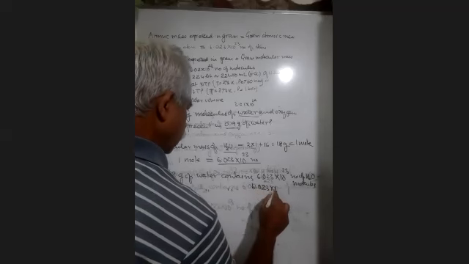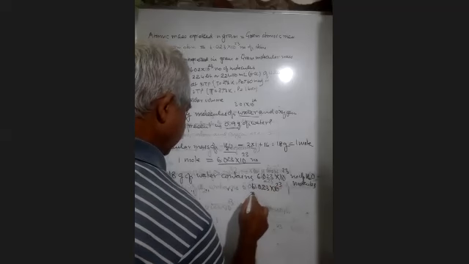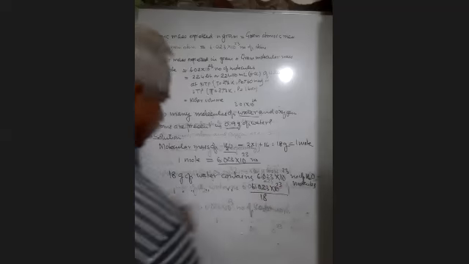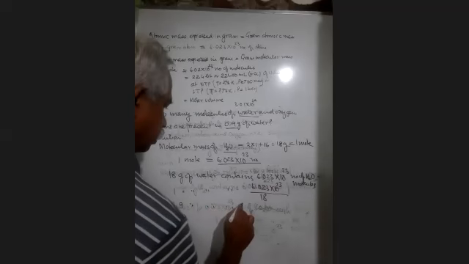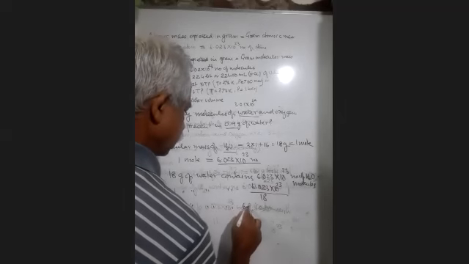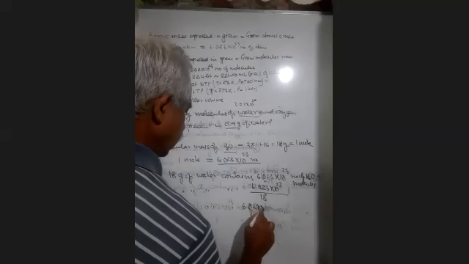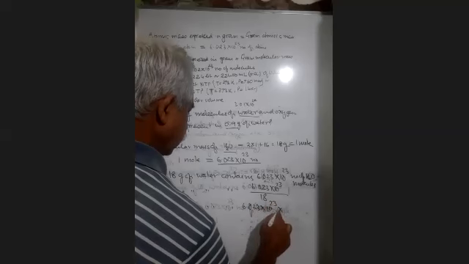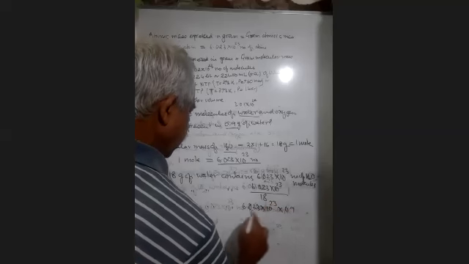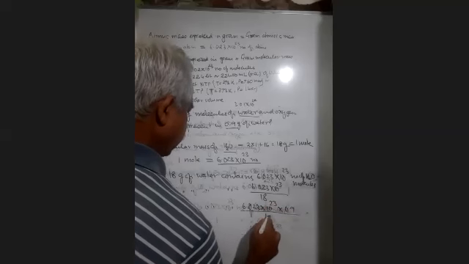6.023 into 10 to the power 23 divided by 18 for 1 gram. So 0.9 will contain how much? This you have learned in school. The 6.023 into 10 to the power 23, 0.9 divided by 18.